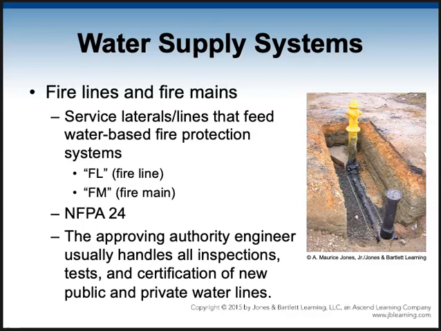So the authority having jurisdiction, the approving authority, they're going to have their engineers who will work with the engineers for the company, and they're going to inspect, they're going to test, and fire inspectors might be involved in this, and they're going to certify any new public and private water lines, and then the fire inspector will work with them certifying or approving the fire protection system line, the fire main.